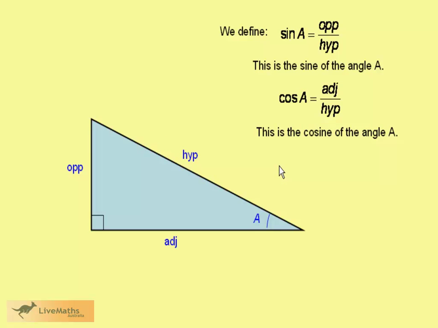This is called the cosine of the angle A, but we just write cos A. Finally, we have tan A, which is equal to the length of the opposite divided by the length of the adjacent. This is called the tangent of the angle A, but we just write tan A.